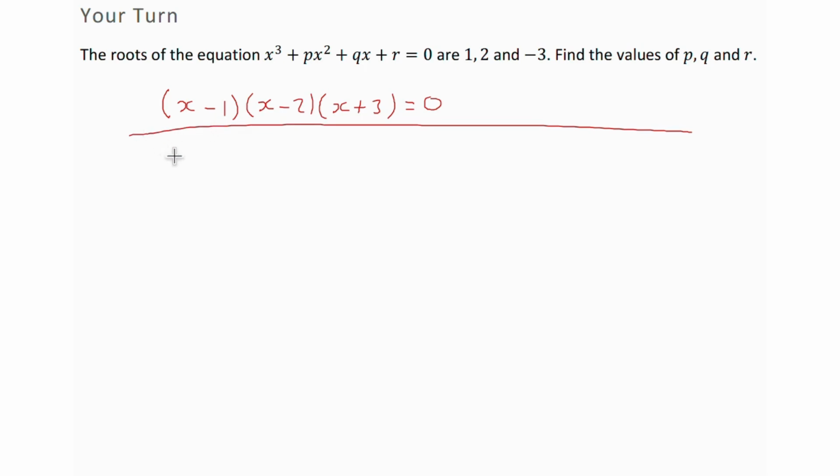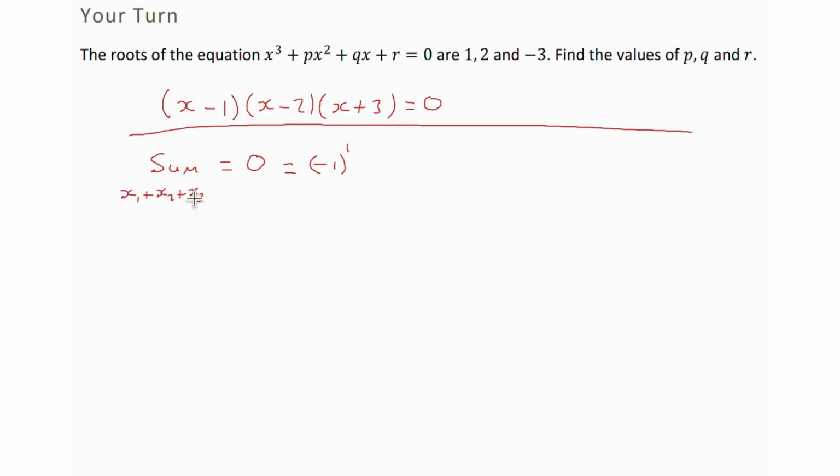So we know that the sum of the roots is 1 plus 2 minus 3, which is 0. So the sum of the roots is equal to 0, and the sum of the roots of a cubic is going to be equal to minus 1 to the 1, because we're adding together 3 roots. Let's write this x1 plus x2 plus x3.